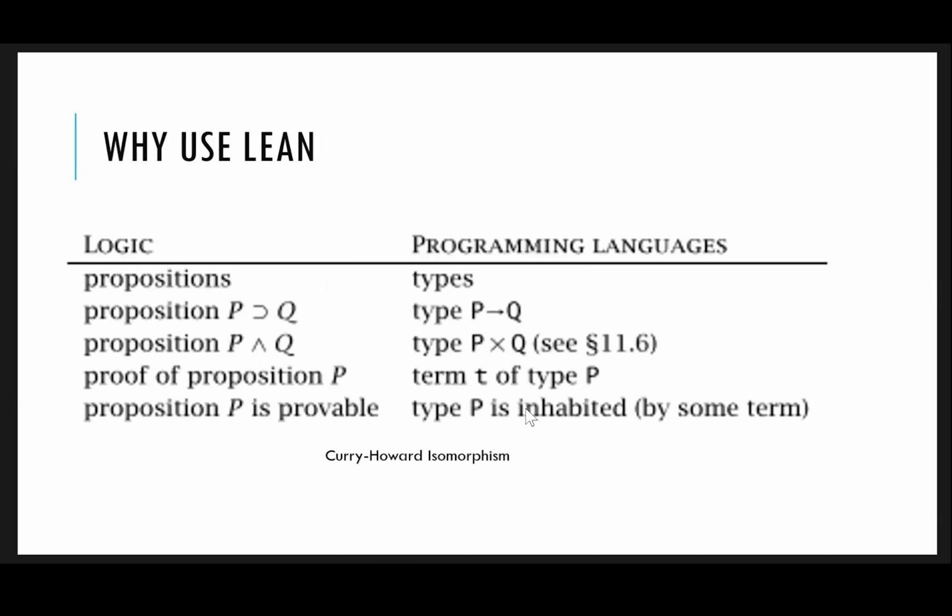The first is that this correspondence is what we call the Curry-Howard isomorphism, which says that when we use a functional programming language like Lean, which means when we write statements in Lean or we write theorems in Lean, we actually do it in a programming way.